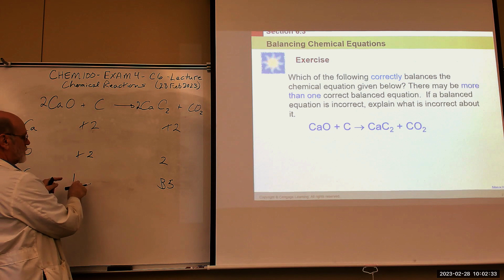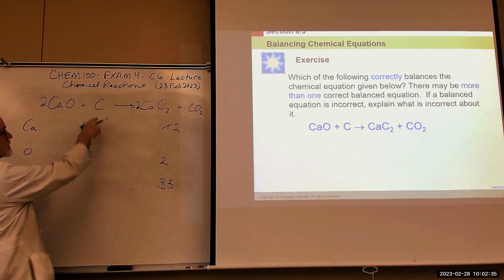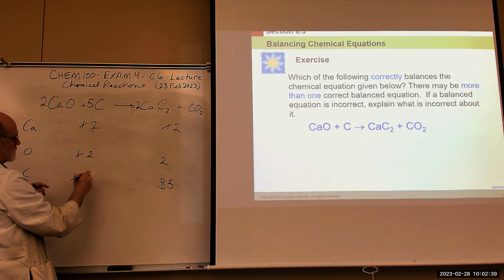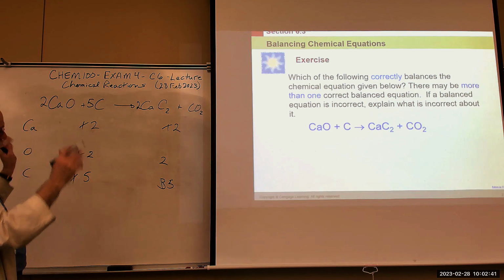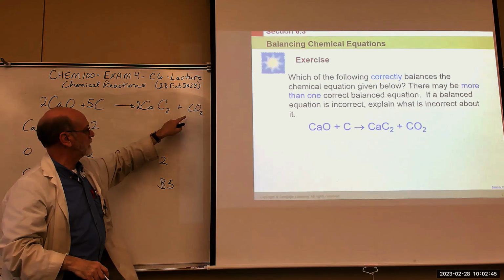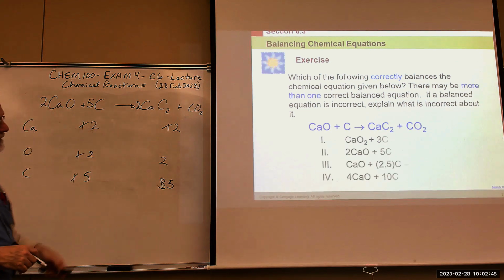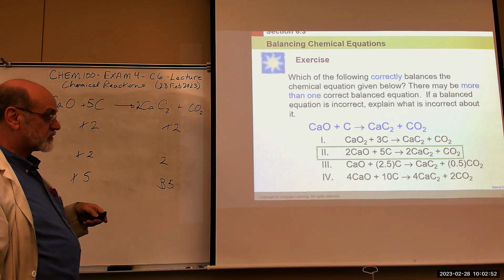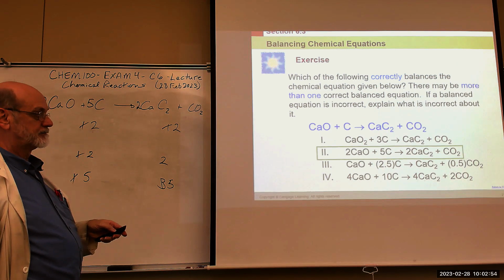We need 5 carbon. Actually, we don't need the fraction trick because that's only a single element. Just a 5 there. Yeah, that works. So the ratio here is 2, 5, 2, 1. So which is the best one? The best one is that one, 2, 5, 2, 1.